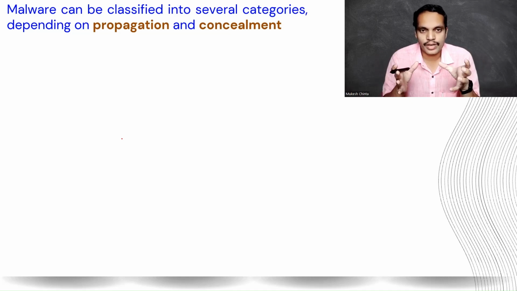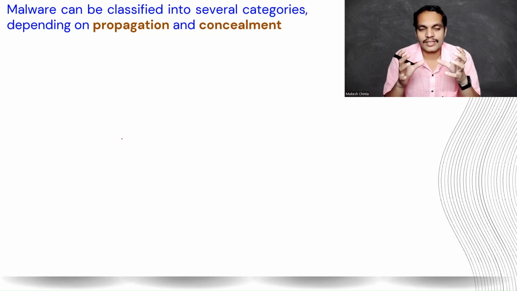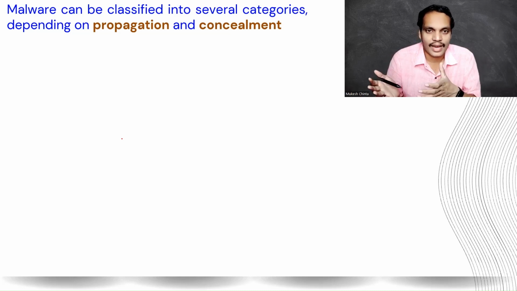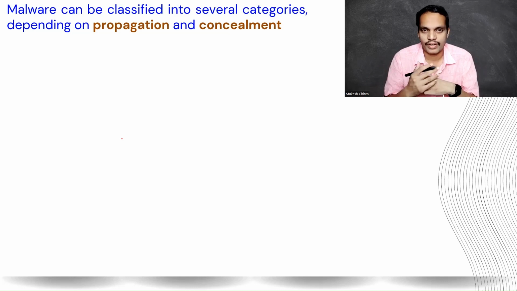If it appears to be a good one but does a harmful action in the background, one of the best examples is a Trojan horse, which we shall discuss later. Whereas a rootkit is very hard to detect, and it is very difficult to find out where a rootkit is actually embedded. That is what I can give as examples of concealment.